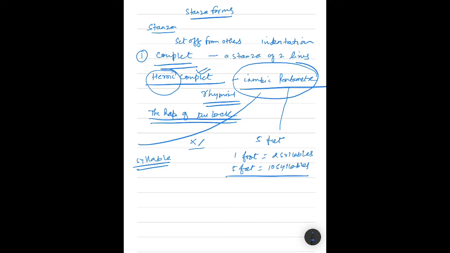For example, how will you pronounce this word? Beautiful, beautiful. We are taking pauses. Beautiful, or the vowel sounds: beauty. These are the vowel sounds. So we have 3 syllables here.